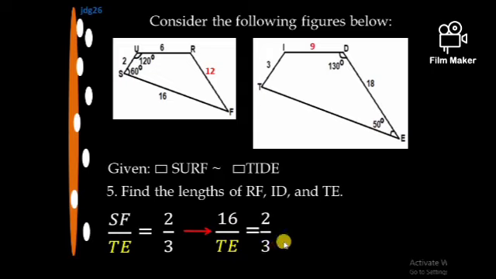And then, use cross multiplication. 3 times 16 is 48. And 2 times segment TE is 2 times TE. To get the value of segment TE, divide both sides by 2. So we have now segment TE is equals to 24.